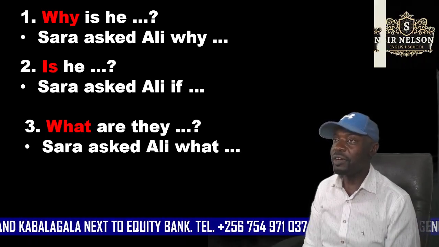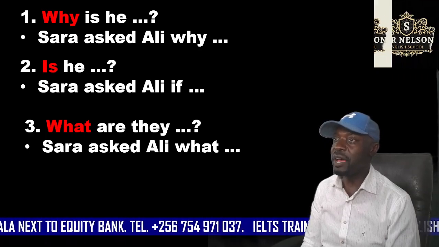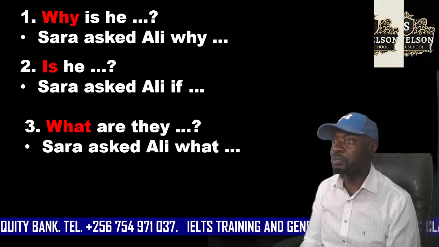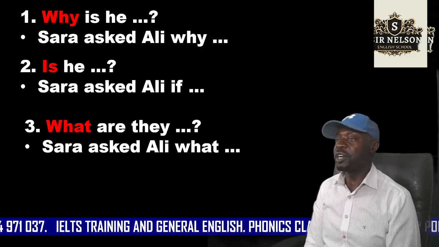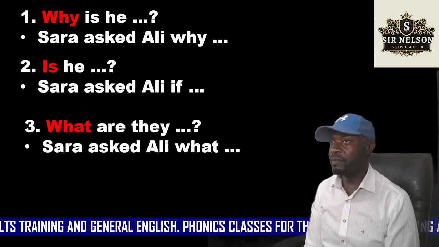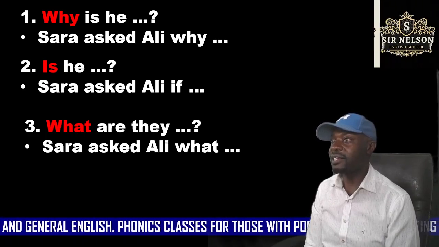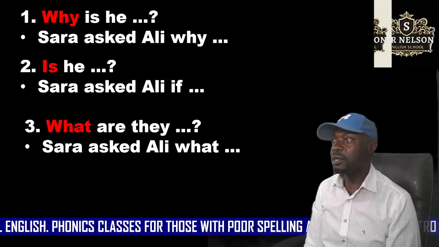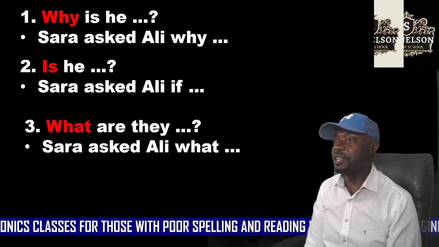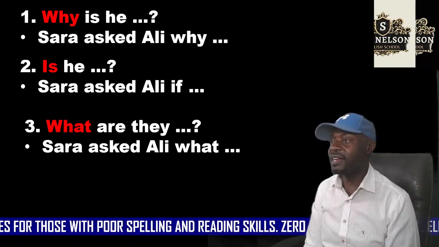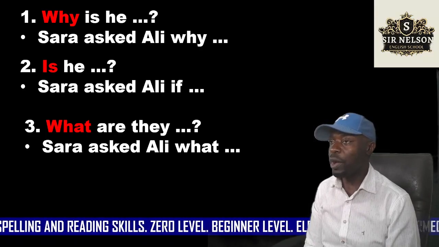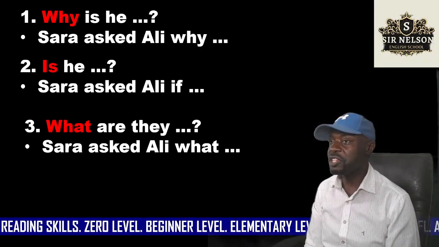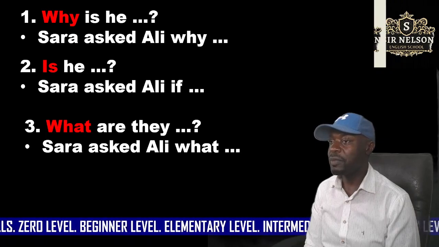Now, if a sentence begins with a WH word, you must put the WH word in the indirect speech. For example, why is he? Sarah asked Ali why. Number 2, is he? Sarah asked Ali if. We use if only when the question begins with a helping verb.